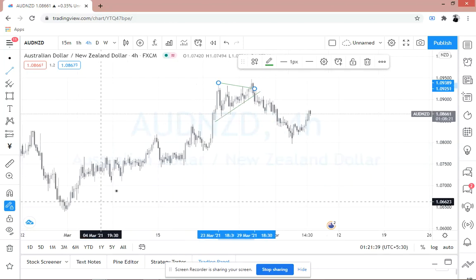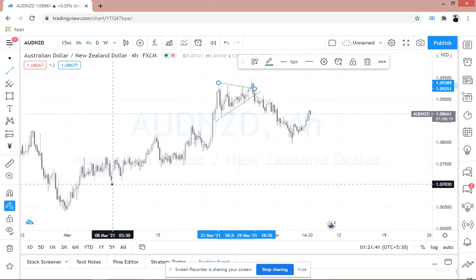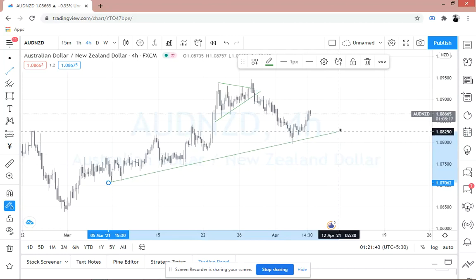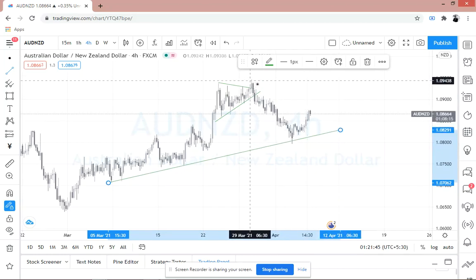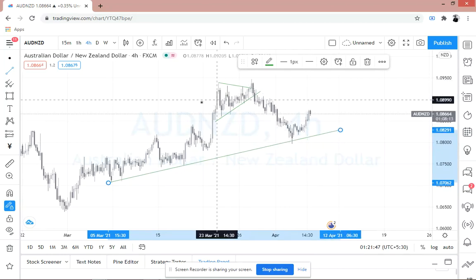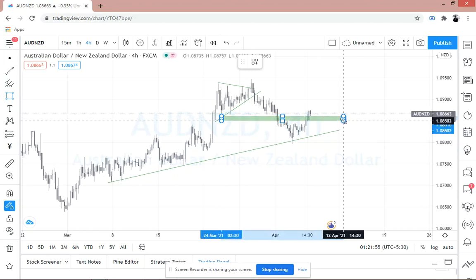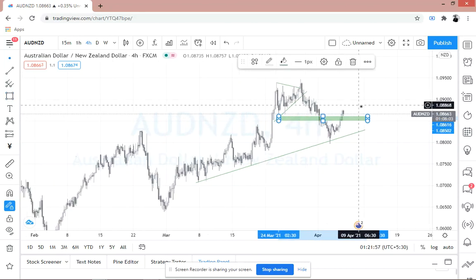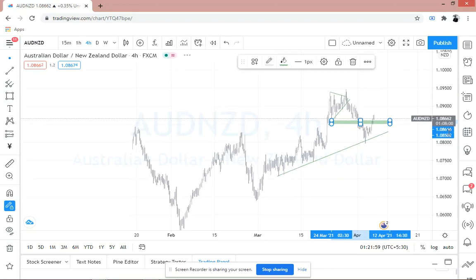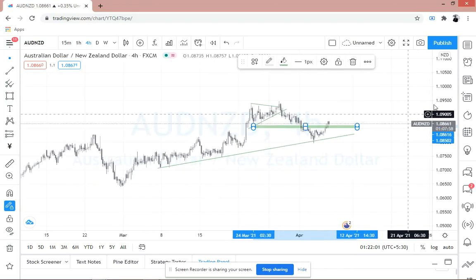Also we have some supports, and some areas of support. This is an uptrend, the market is still moving in an uptrend.